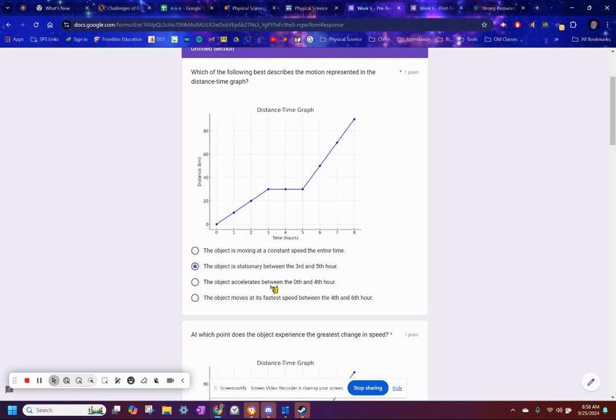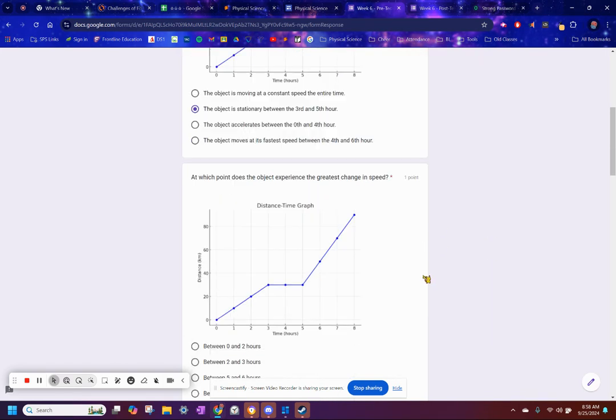Accelerates. We haven't even talked about acceleration yet. The object moves at a faster speed between the 4th and the 6th hour. That's not really true because it was stopped here, but it was faster there. The best answer is it's stopped or stationary between here and here.